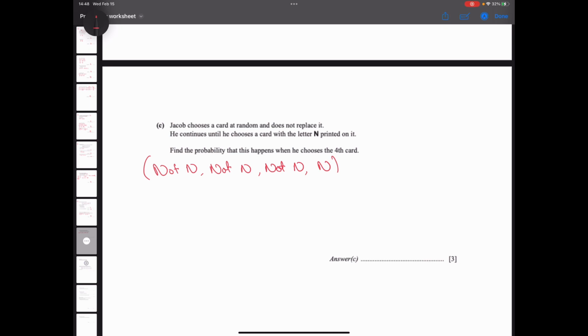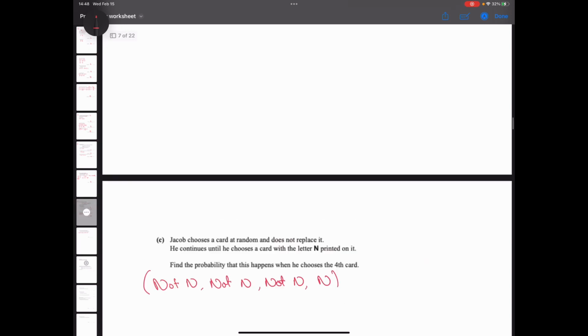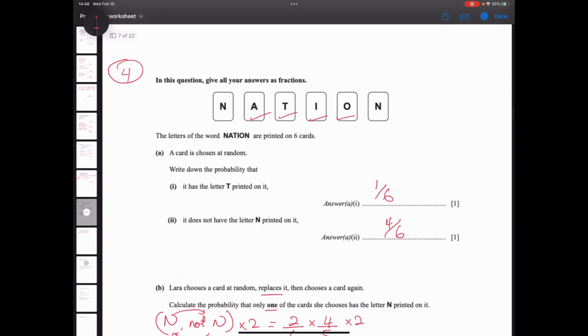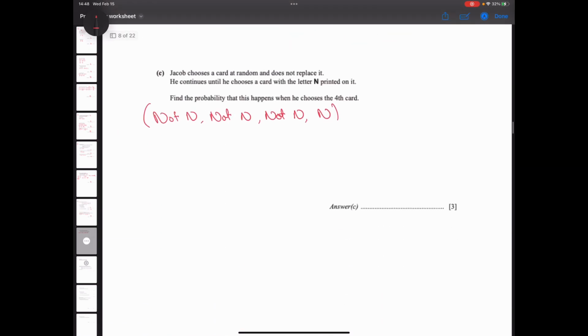So without replacement, not N. How many cards without an N? It's 4 cards, right? 1, 2, 3, 4 again. So 4 out of 6 times 3 out of 5 times 2 out of 4 times 2 out of 3, because 2 N's are remaining.